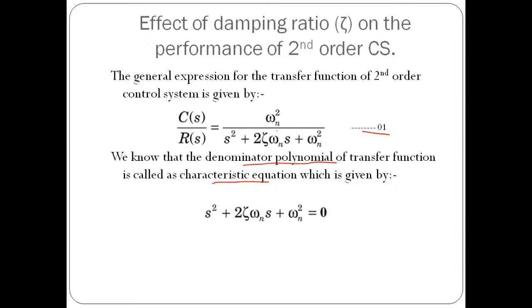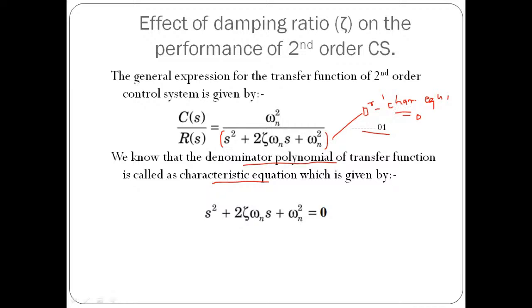I told you that the denominator polynomial function of the transfer function is also known as the characteristic equation. And through this characteristic equation, we can identify the response of the system, we can identify the performance of the system. If you equate this particular term to 0 and try to find the value of complex frequencies, those complex frequencies are called the poles of the system.